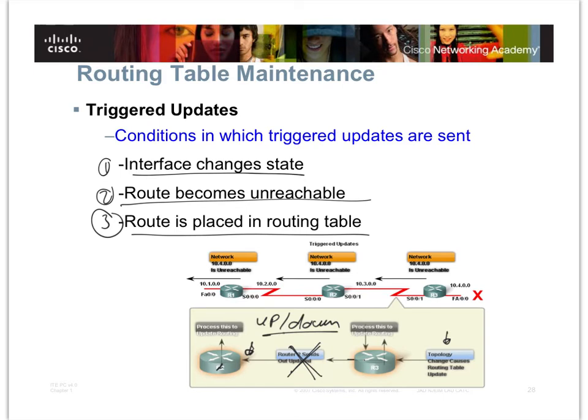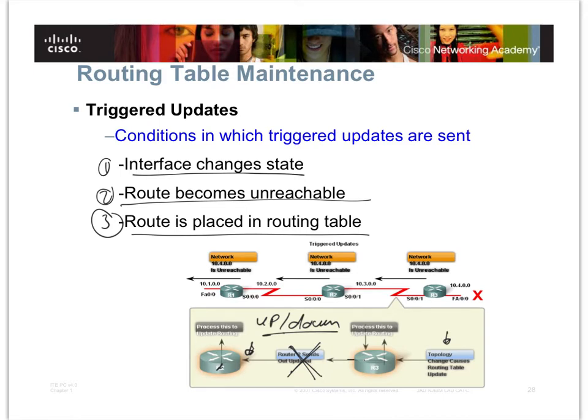Yes, this one is triggered. And also, if a router decides to insert a new route in the routing table, then it needs to send information about this particular route also to the neighboring nodes, and we keep doing that.